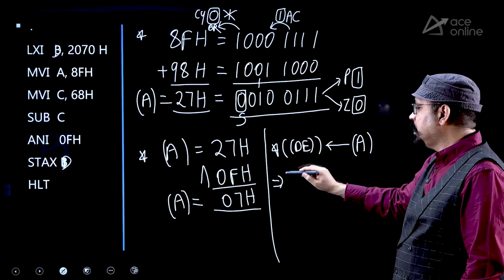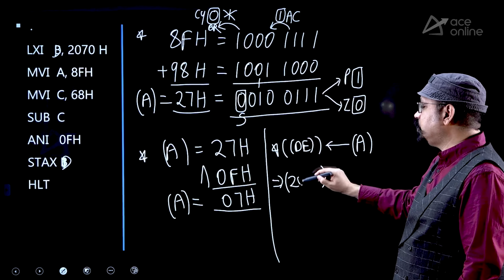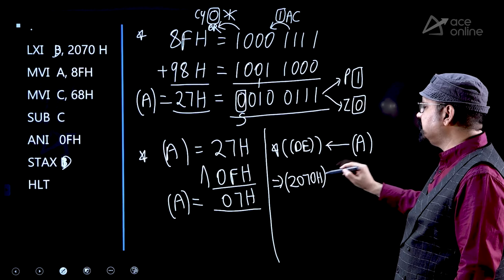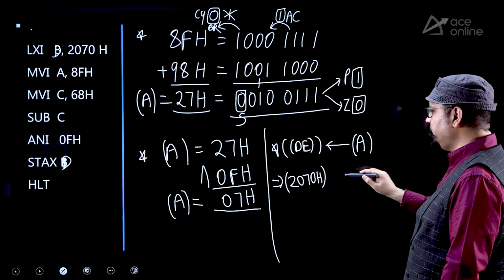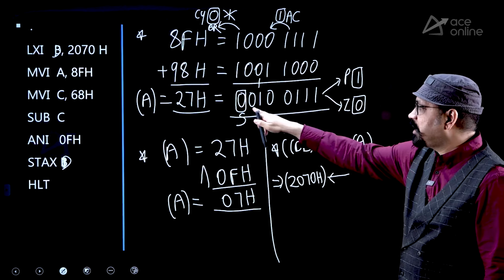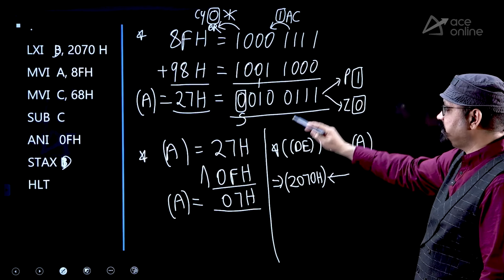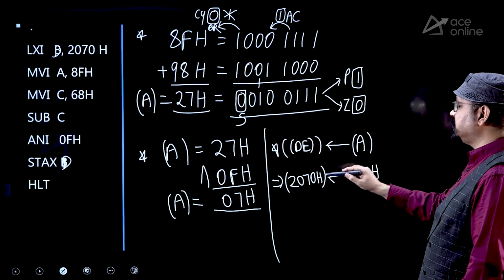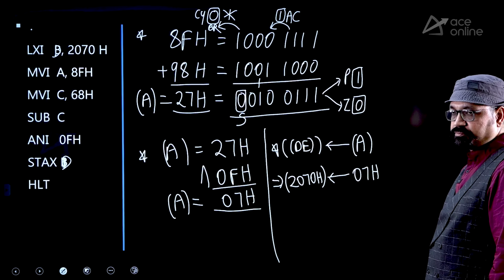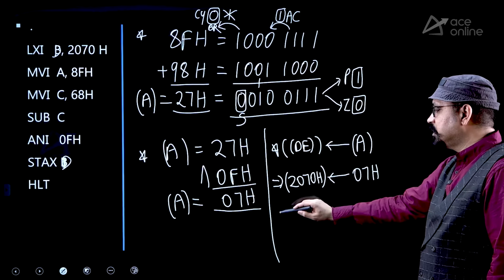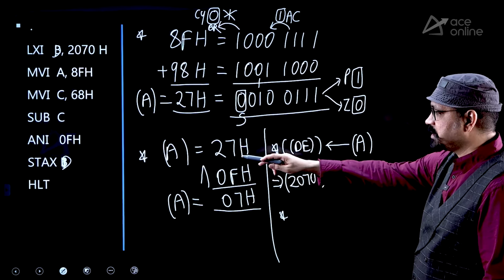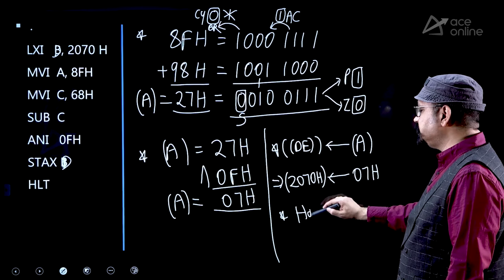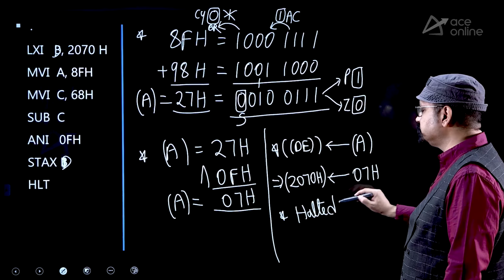So inside the DE pair 2070 hexa is there. That is the address into which the accumulator content will go. You got 27 or 07? 07. So 07 hexa will be written into this location. Then the processor gets halted as it executes the halt instruction.